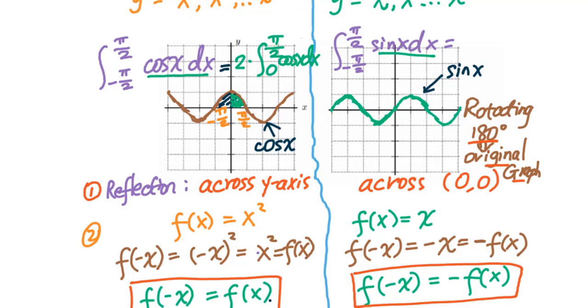For the integral from negative pi over 2 to pi over 2 of sine x dx, it means this part and also this part.